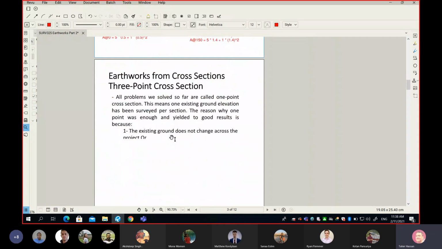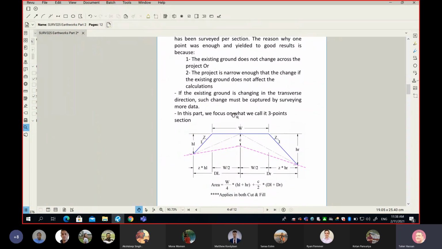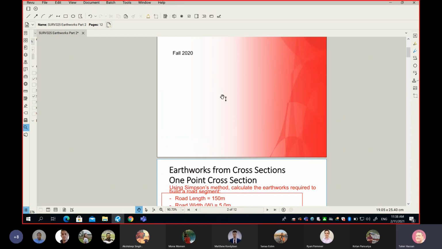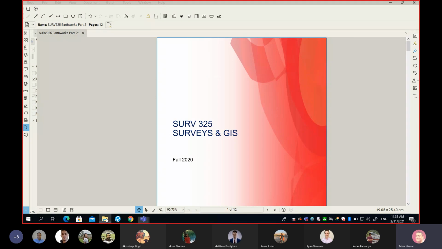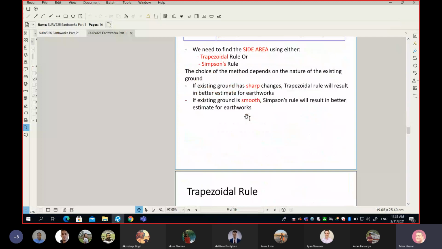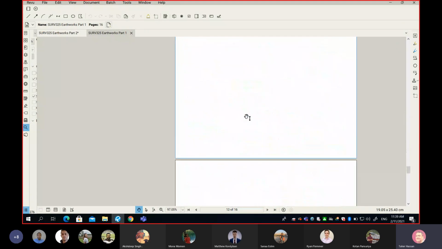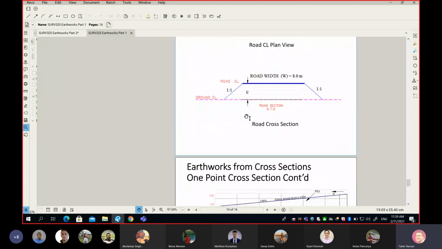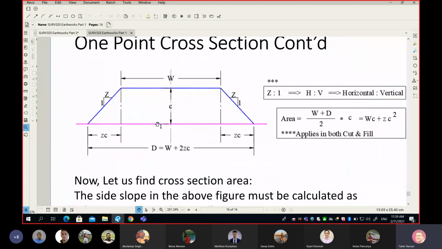Now, guys, I have a discussion for you, and I'm sure this discussion will not finish today. So I'm just going to start it. Probably I have to go to the other presentation. Just give me a second here. If I go to part number 1, and I go to this cross section here, I want everyone to look at my slide.